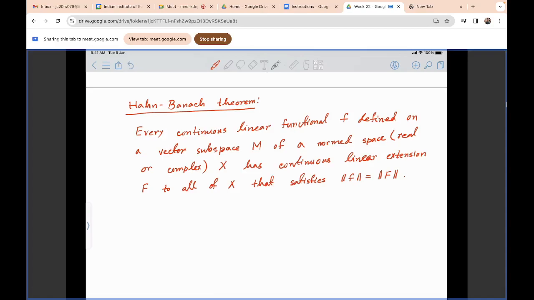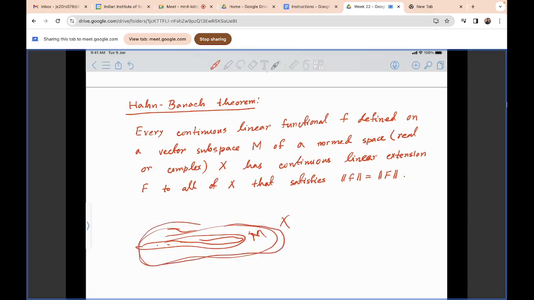Okay, so what it is saying is that suppose a linear functional is defined on a subspace M of a normed linear space X. Suppose this is X and this is the subspace M, and there is a linear functional defined on M. Then you can extend this linear functional to the whole of X without increasing the norm of f, that is, a norm-preserving extension.